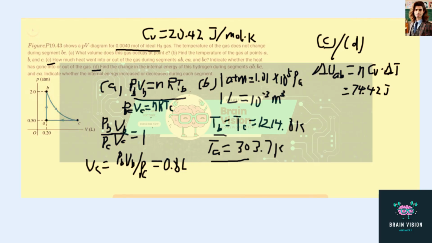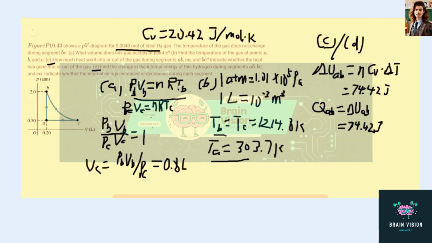In that case, the heat Q flowing into the system equals delta UAB, which is 74.42 joules. So in process AB, the heat flowing into the system is 74.42 joules, and the change in internal energy is also 74.42 joules.